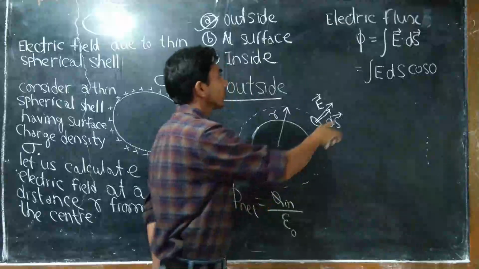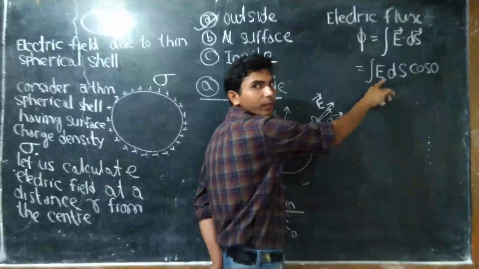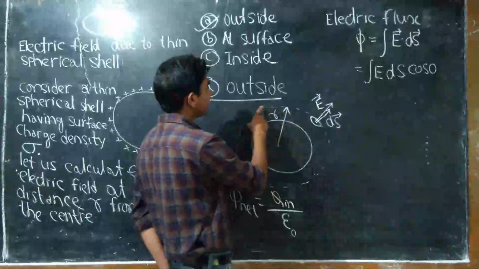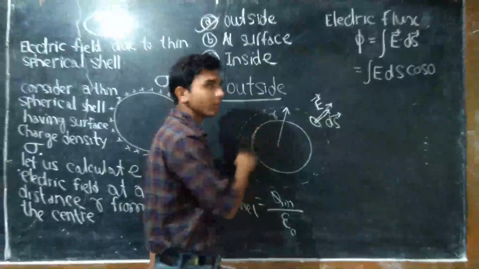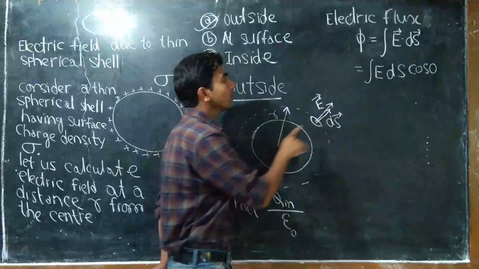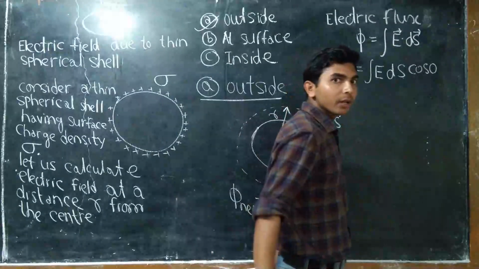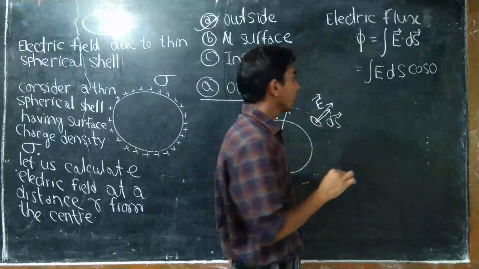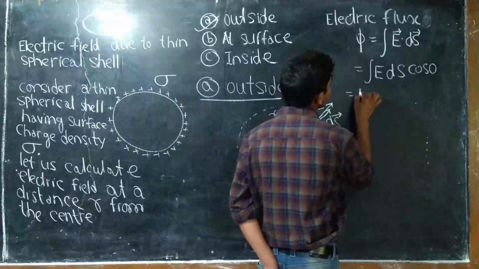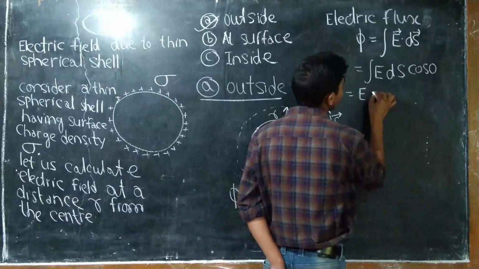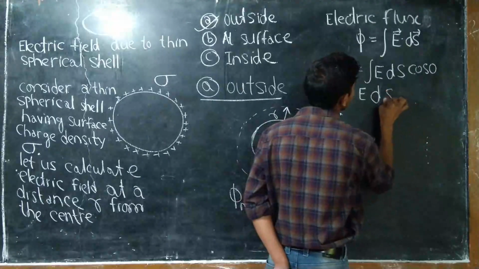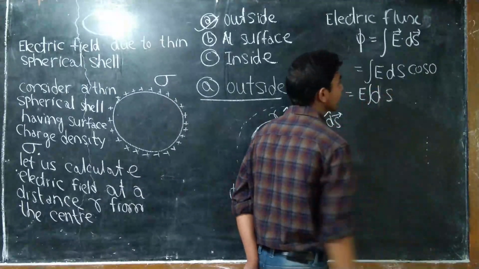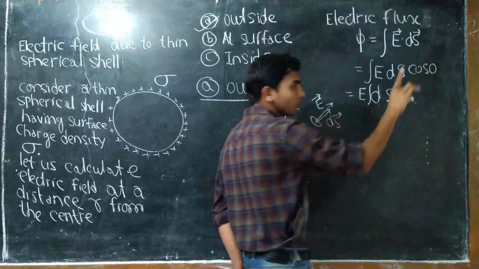Now this is the magnitude of the electric field. All the points lying on the Gaussian surface are at equal distance from the center, so E will be constant. So we can take it out. Inside the bracket you only have the integral of ds, and cos 0 is 1.